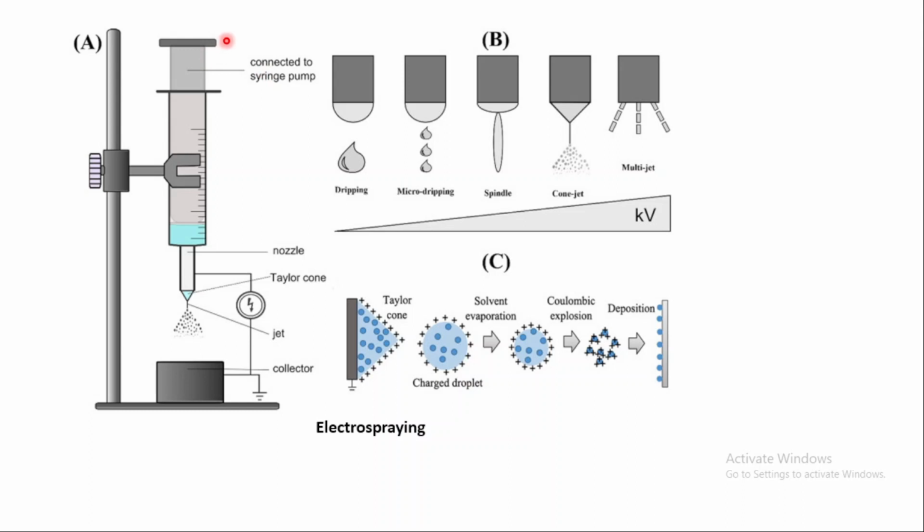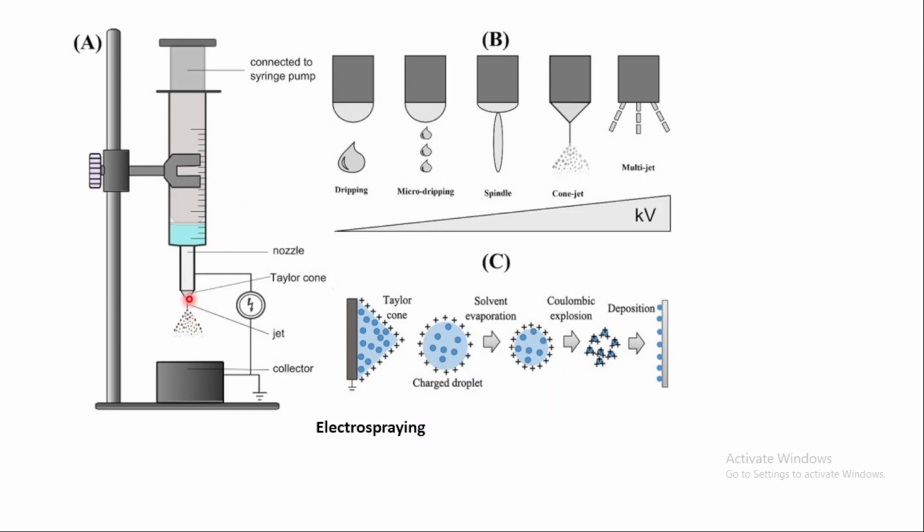If we make it a solution and pour it into the syringe, this nozzle will channel this liquid under high pressure to the Taylor cone. The Taylor cone is a specific structure which helps in forming spray droplets.